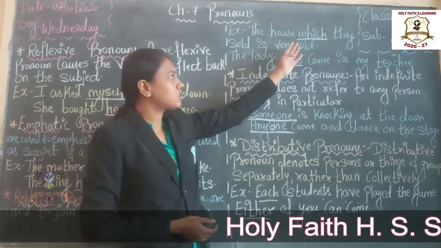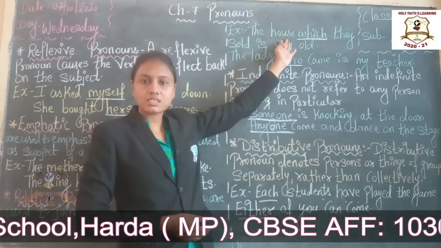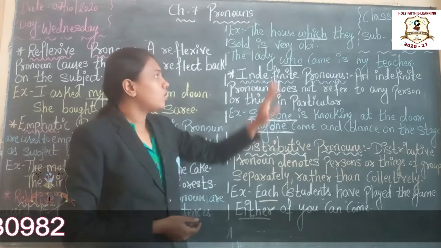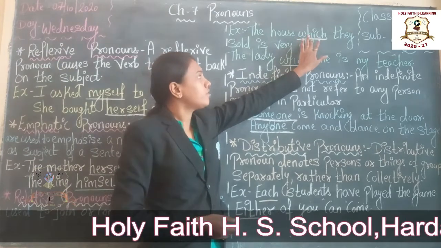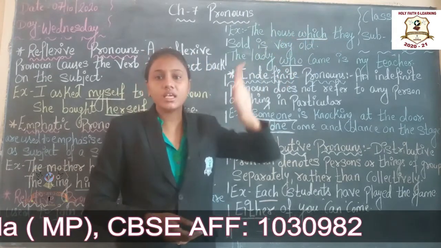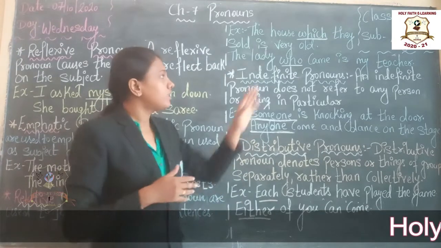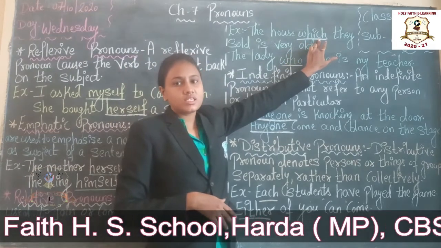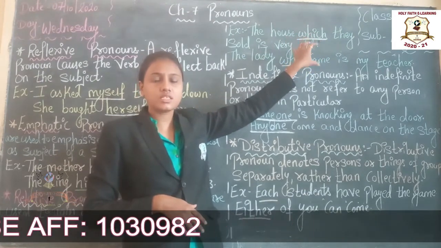Here the word house is a noun. Now here which is a relative pronoun. Using which, it shows a relation: the house which they sold is very old. So the word which is a relative pronoun. It shows a relation between two sentences, two phrases or two clauses.